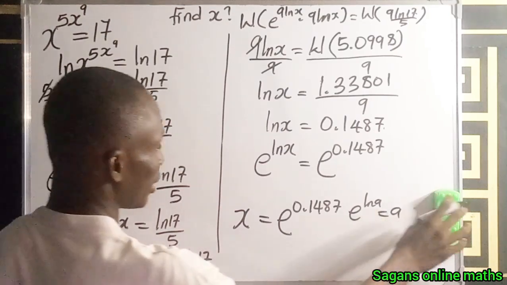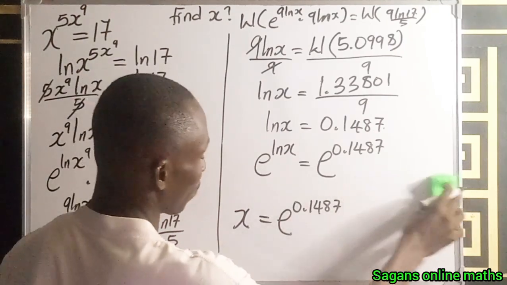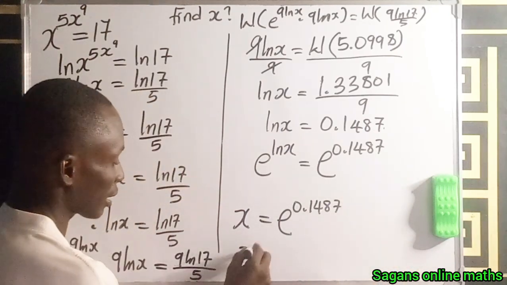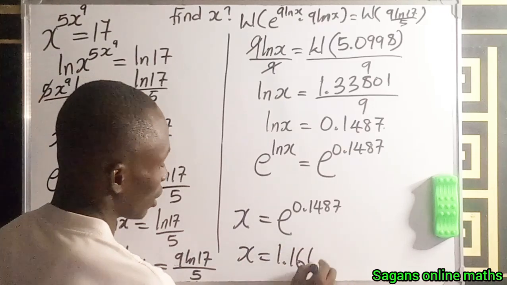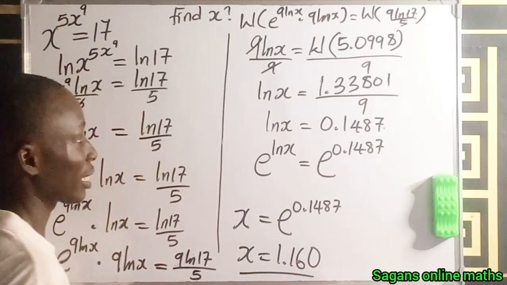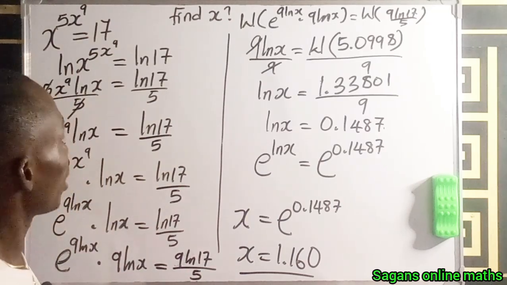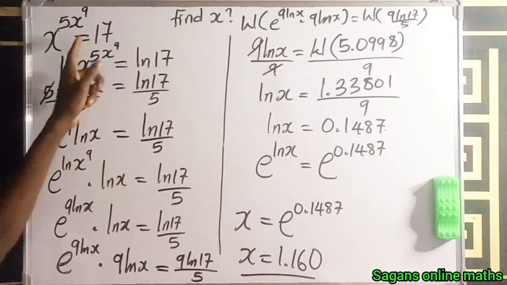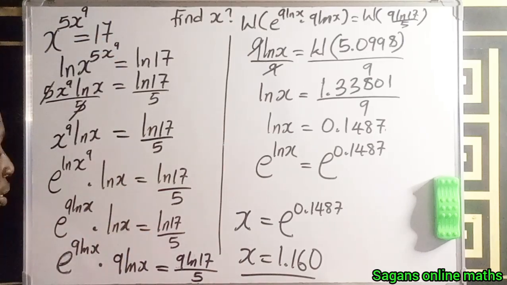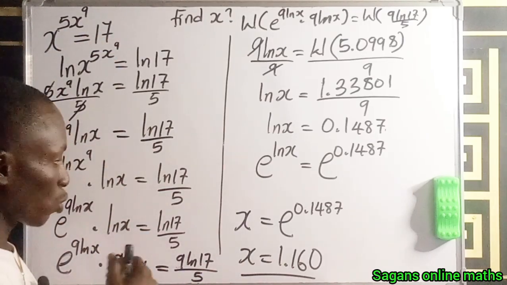The value of this in 3 decimal places gives us x equals 1.160, and this is the correct answer to this particular problem. Substitute the value of x here, we have approximately 17, and this is a beautiful solution to this particular question.